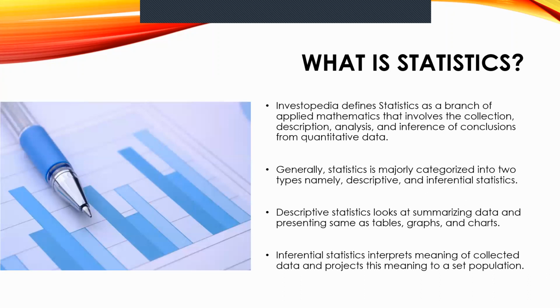So first, like I said earlier, we're starting with statistics. Basically, Investopedia defines statistics as a branch of applied mathematics that involves the collection, the description, the analysis, and inference and conclusions from quantitative data. If you recall last week, when we were talking about the different forms of data, I mentioned quantitative and qualitative data. And I talked about how quantitative data is something that you can measure, you can count.